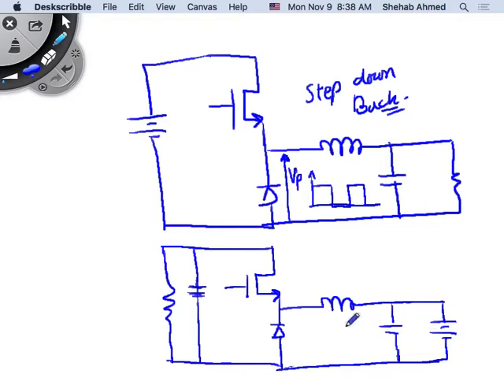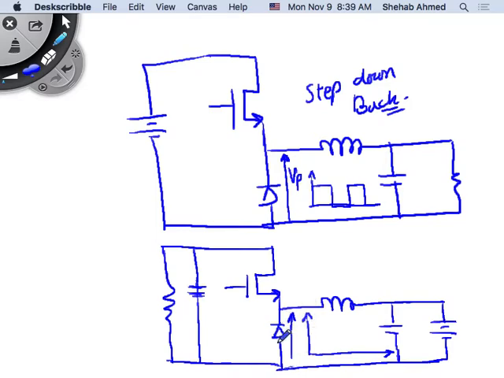So let's do this here. Let's do when the switch is on. What's the voltage between these two nodes?